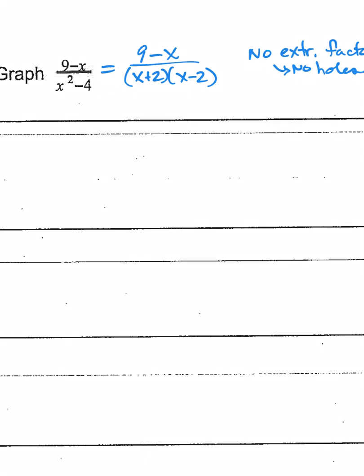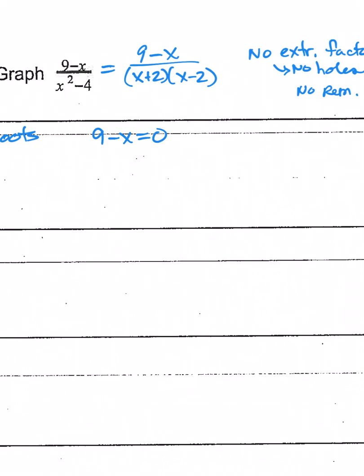The next one. All right, so now all we have to do is look at what? What's R? If we're not looking for removable, what else does it have to do with? So this is the no removable. So we're looking for roots here. So what do we say? Okay. So 9 minus x equals 0. Numerator equal to 0.